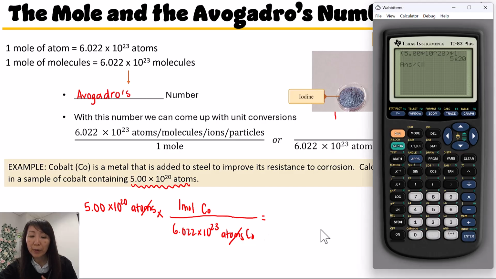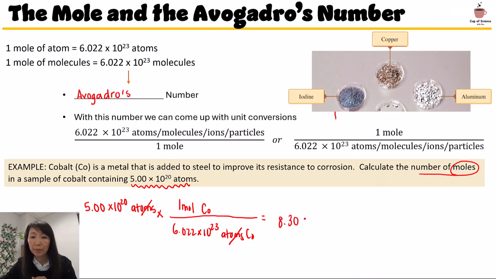I'm going to open a parenthesis to incorporate all of those values: 6.022 times 10 to the 23rd power. And I get 8.30, and then a bunch of other numbers too. I'm going to keep 8.30 times 10 to the negative 4 moles of cobalt. And that's my final answer with the correct sig figs.